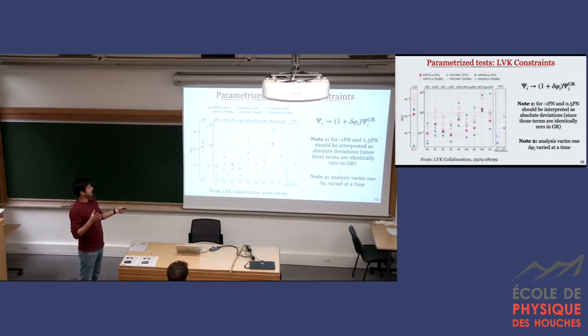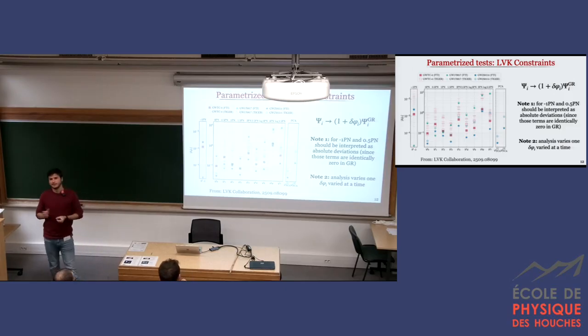The LVK writes a bit differently than in the PP approach, but the idea is similar: for a given PN order of your phase, so this is the phase at a given PN order, the 1 here, for example, will mean 0.5 PN, etc. You add corrections, you are computing the deviations from the GR phases.